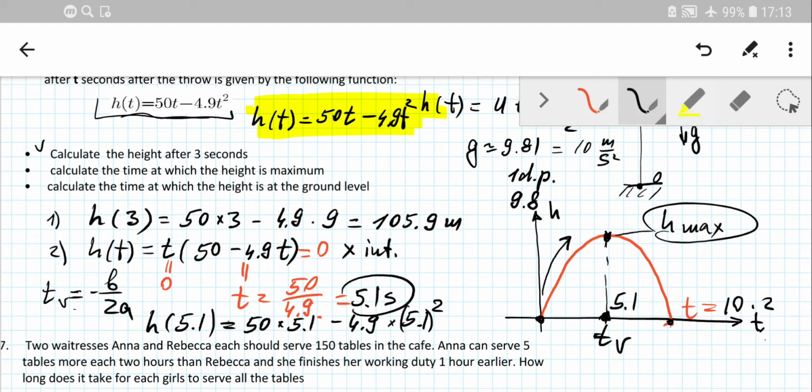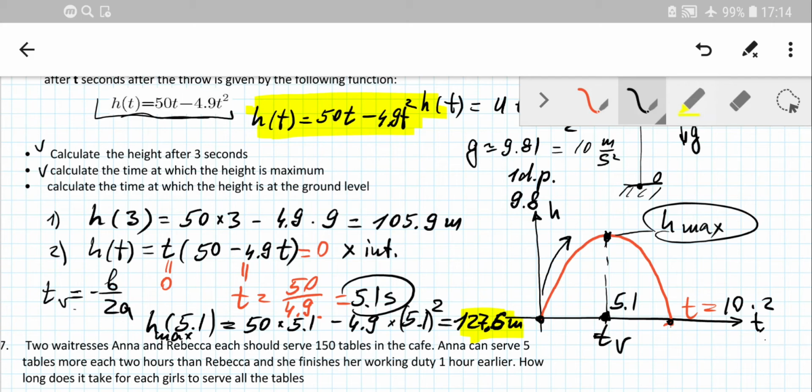We've got 50 times 5.1 minus 4.9 times 5.1 squared. Okay, let's do the calculations. Wow, we've got 127 meters and a half. Rounding to one decimal place, that's the maximum height. Okay, we've done 2. That was how it works.